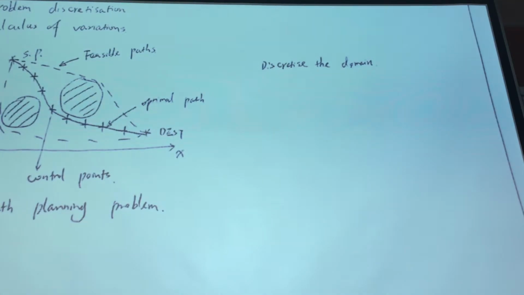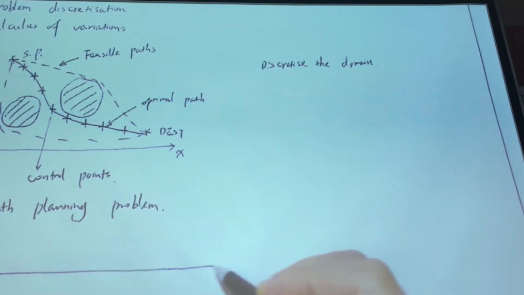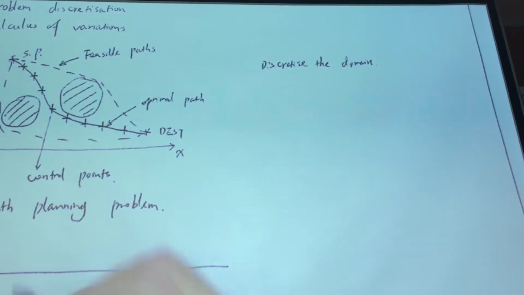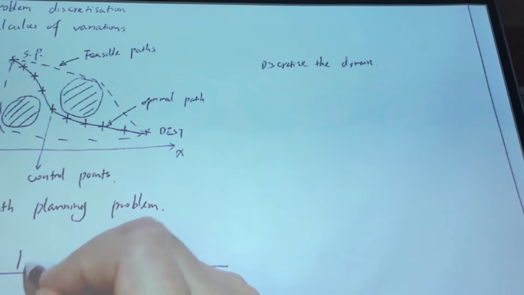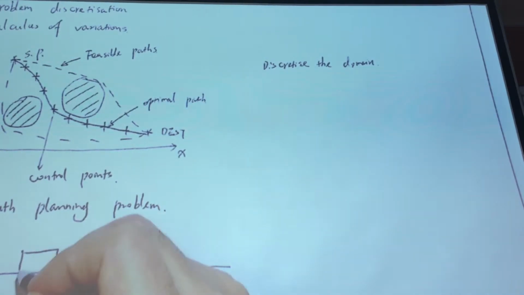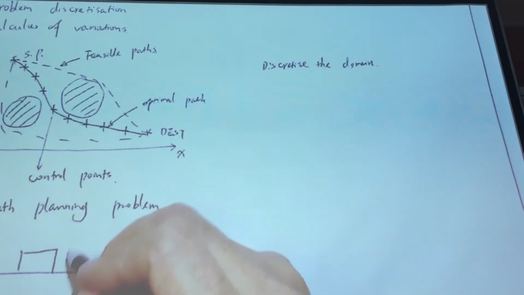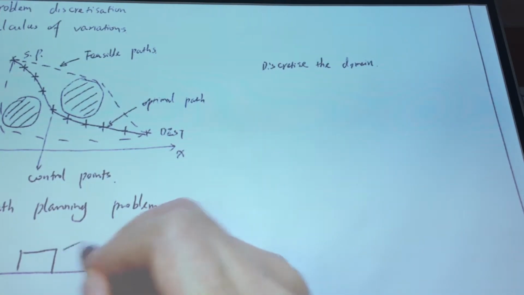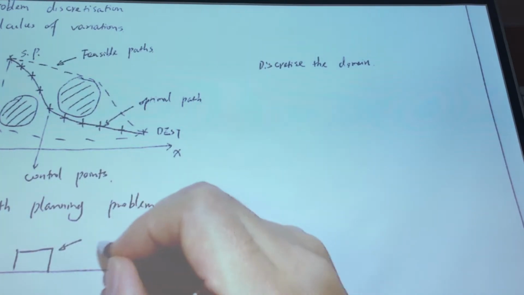In the one-dimensional path planning problem, our space is a 1D space, and we have our mobile robot here. Assume this is our mobile vehicle.